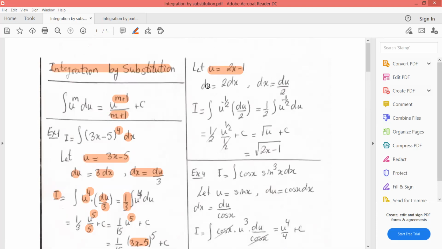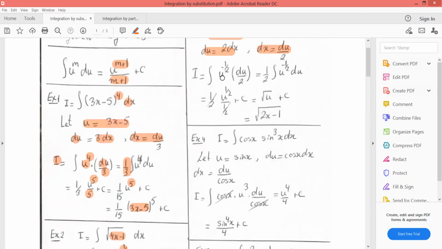Then du equals 2 dx, and dx is du over 2. Then I equals integral u to the minus half du over 2. This 2 goes outside, half. u to the minus half, I add the power by 1, minus half plus 1, it becomes u power half over half. It becomes radical 2x minus 1 plus c.